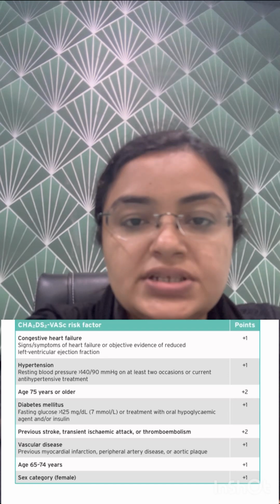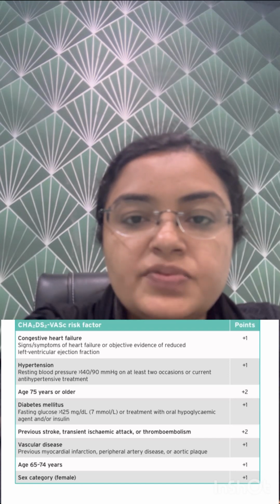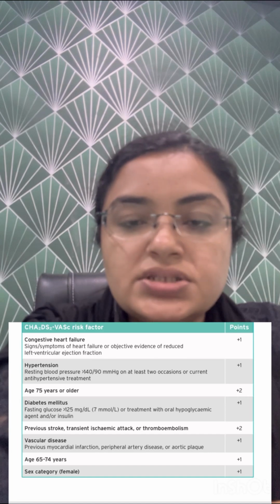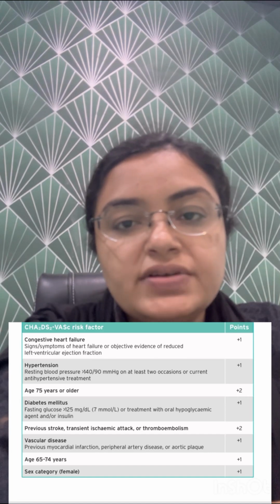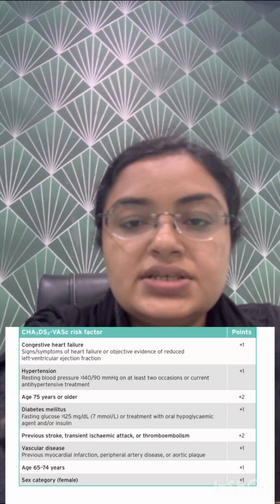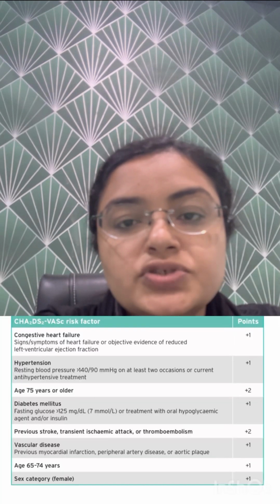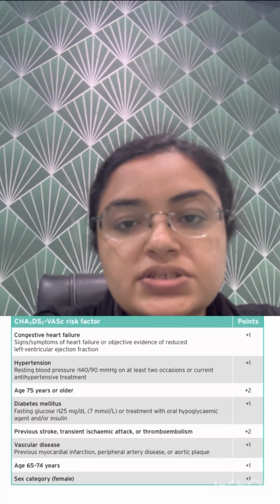Next is diabetes. That means fasting blood sugar of more than 125 on two occasions, or if the patient's blood sugar levels are controlled with oral hypoglycemic agents or insulin therapy. Next in the CHA2DS2-VASc score is S. S is any previous history of stroke, TIA or thromboembolism, which carries 2 points.